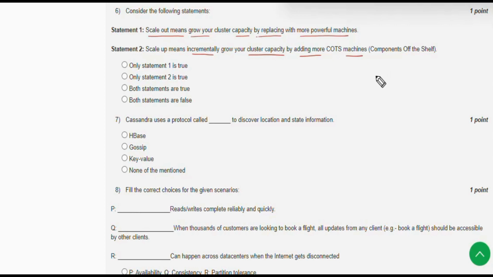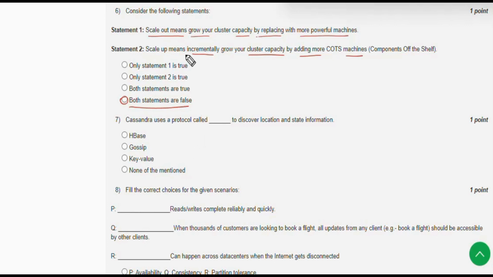That's the full form of COTS. Options are only statement 1 is true, only statement 2 is true, both statements are true, both statements are false. Here both statements are false.